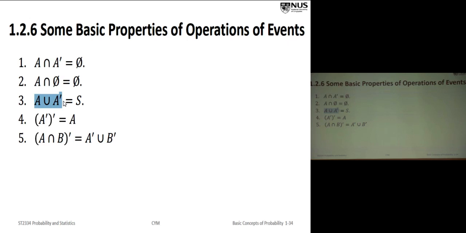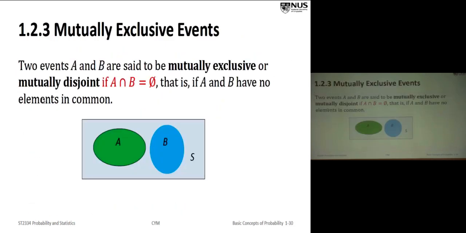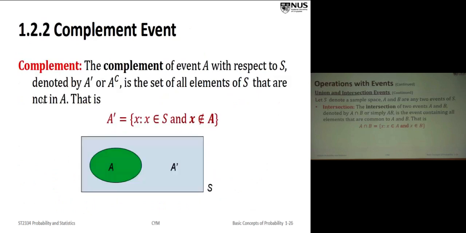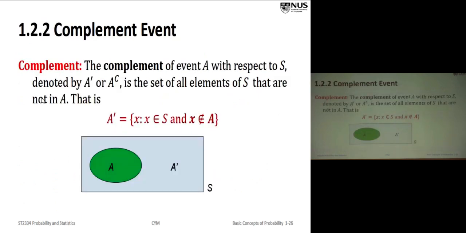Why? Because the complement of A is every element in S which does not belong to A, and then I add them on to all the elements which are in A. So clearly, if you're wondering why that is true, and this is not a proof: when we introduced the notion of complements, A union A complement means I take all of this in green and add them to all the elements in this blue, and what I get at the end is my rectangle S. So A union A complement gives you back the sample space.